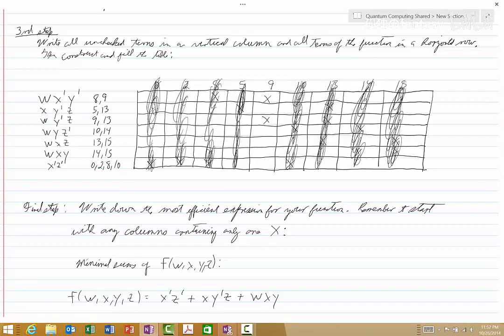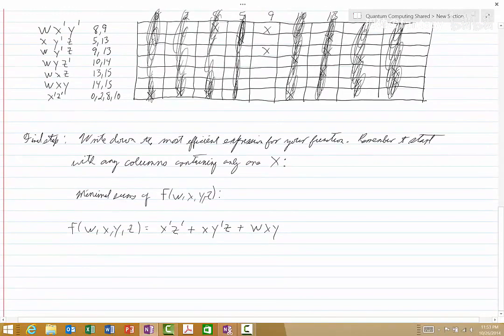And there are two different ways that I can do it. And notice that neither one is preferable, because I can account for this by either throwing in the first term, w x prime y prime, or by throwing in this term, w y prime z, and both of them have the same number of variables, so neither one is really preferable. So this is a situation where we have two minimal sums.